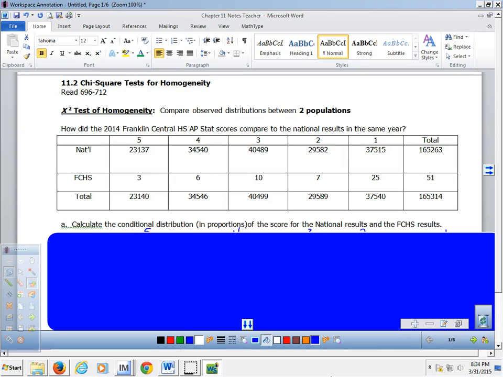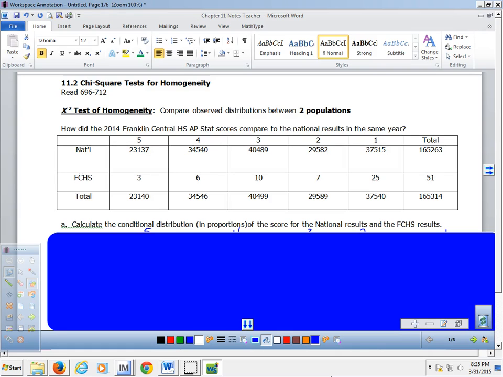Okay? So for example, 2014 Franklin Central AP Stat scores, how do they compare to the national results in the same year? Okay, so we have a 2-by-5 table here. A row for the national scores, and a row for the Franklin Central scores, and 5 different columns, one for each of the possible AP exam scores.